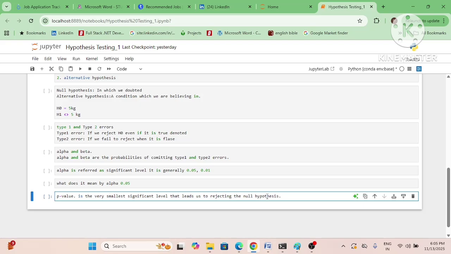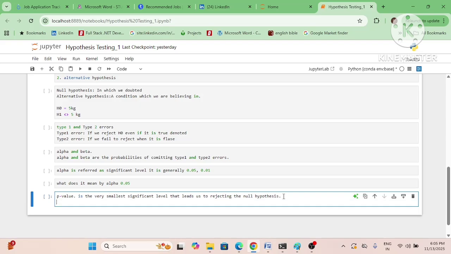So based on p-value, we may reject the null hypothesis. That means if p-value is less than alpha, we may reject the null hypothesis.